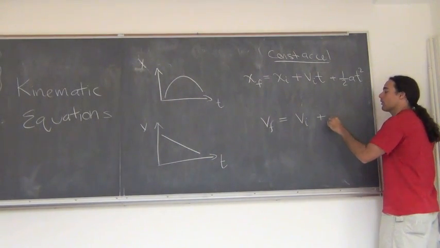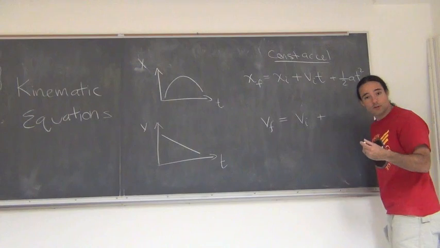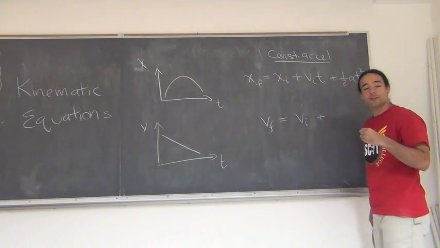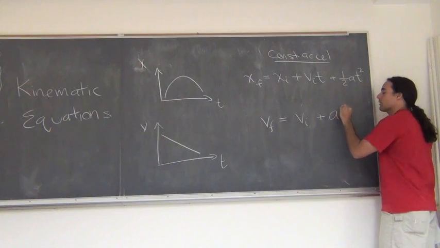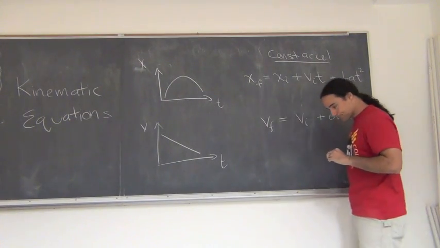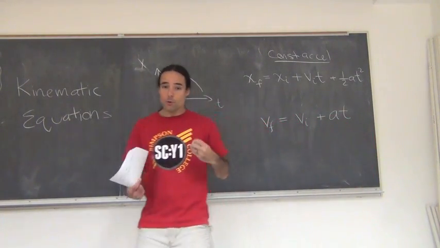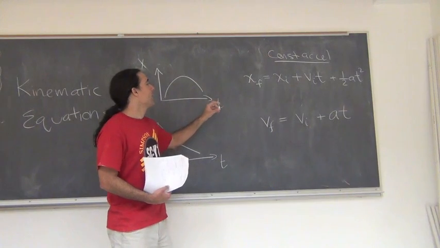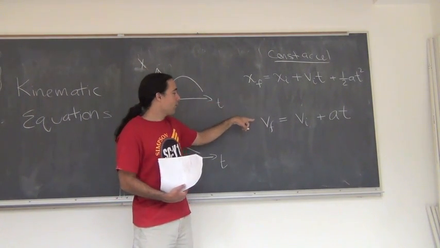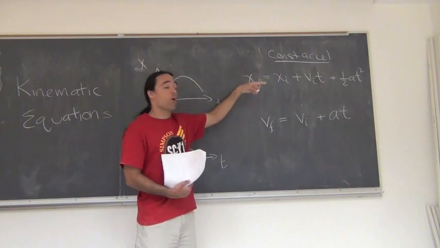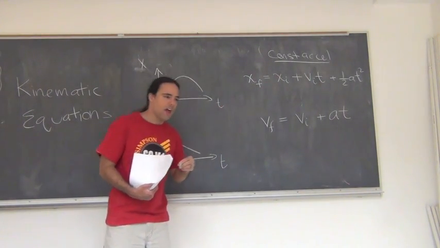The slope of a velocity versus time curve is the acceleration. So it'll be plus the acceleration times time. Now these two equations are great because I can solve for my velocity as a function of time, or my position as a function of time.